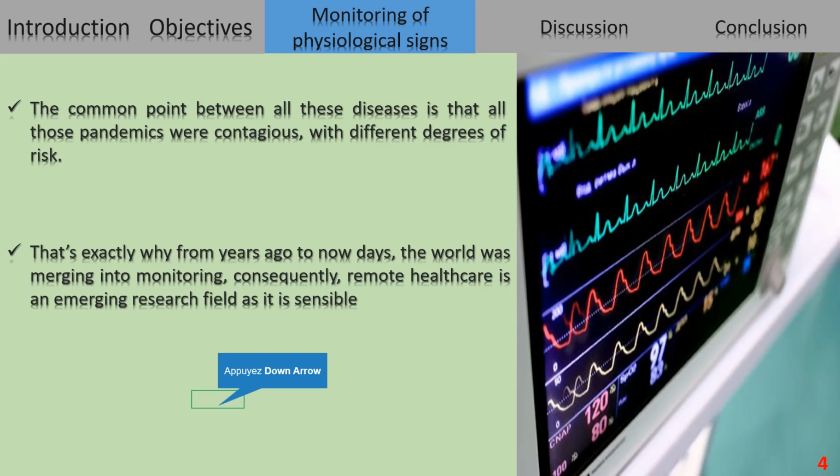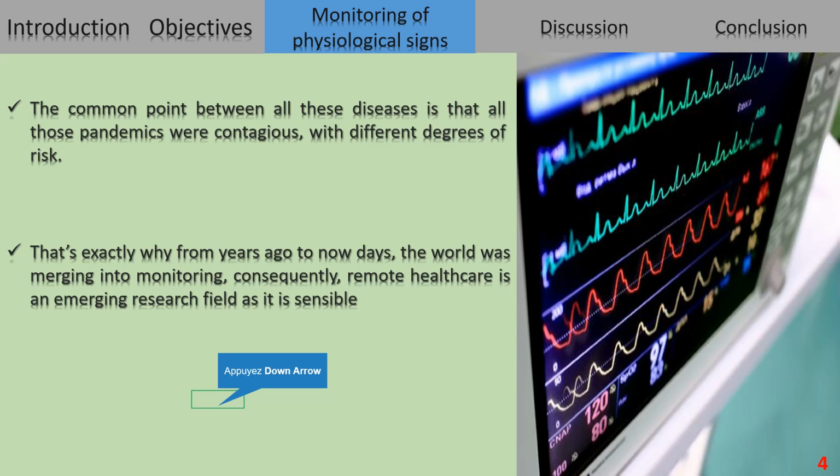The human race has survived many pandemics. The common point between all these diseases is that all these pandemics were contagious with different degrees of risk.